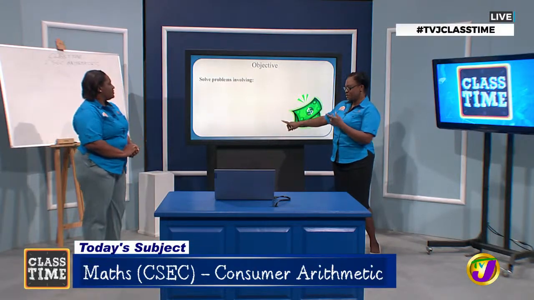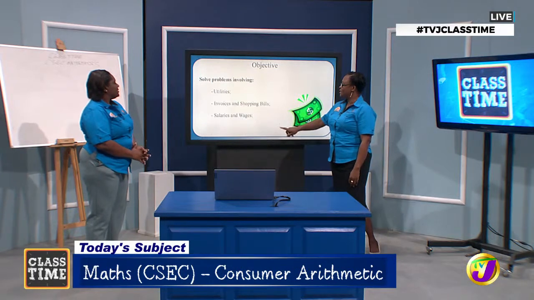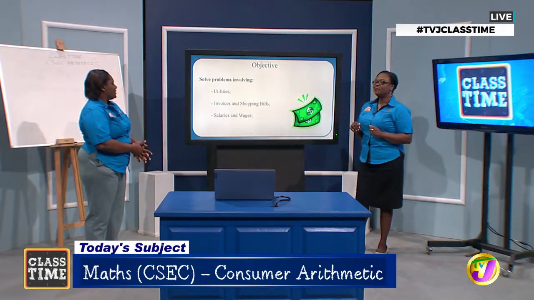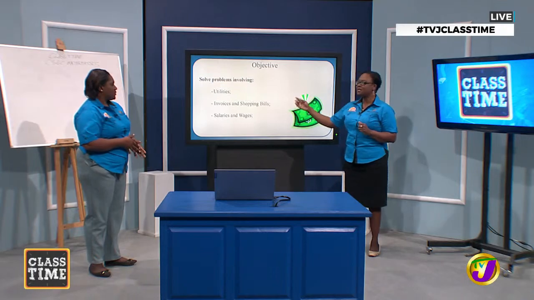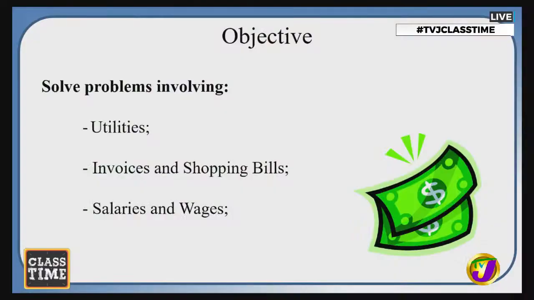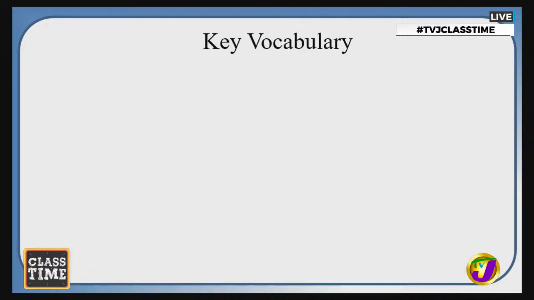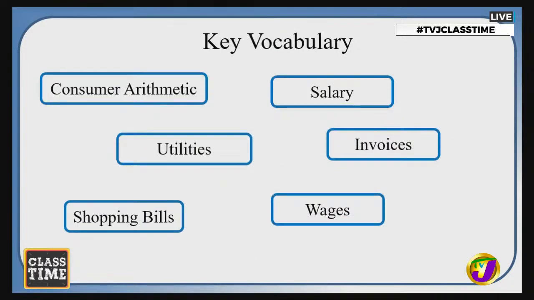The objective is that we'll be solving problems involving utilities, invoices and shopping bills, salaries and wages. Before we go into the lesson, I want to share some vocabulary words that will be coming up regularly in our lesson: consumer arithmetic, salary, utilities, invoices, shopping bills, and wages.